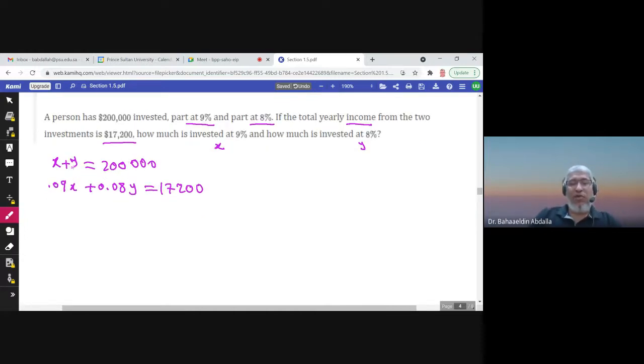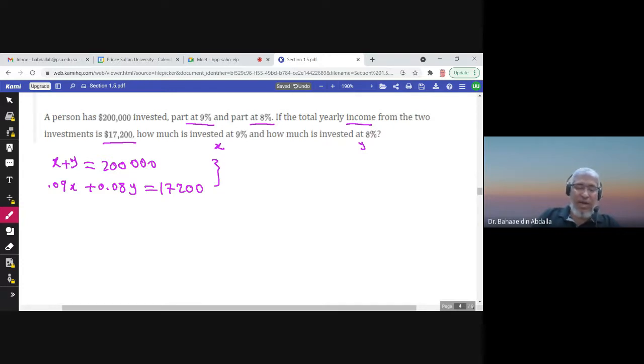Okay, if you look at the equations, I can easily multiply by negative 0.09, for example, to use the elimination method, or I can multiply by negative 0.08. Or if you want, I can get rid of this 0.09 by multiplying the second equation by 100.